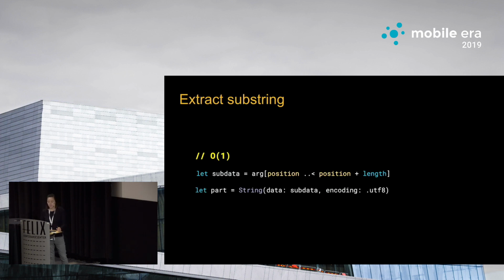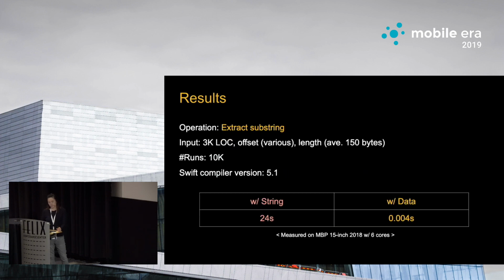Using Data, we could rewrite the extract function like this. Now all of these index creation lines are gone, and we can directly pass in the range for a lookup, and it's O(1). We benchmarked the extract function using string and using Data, and here are the results we got.